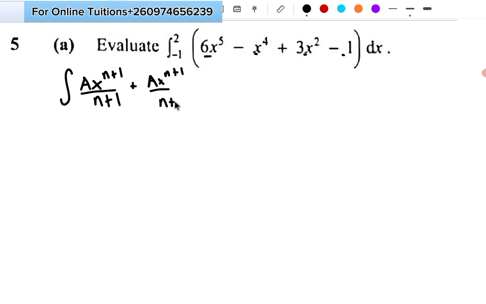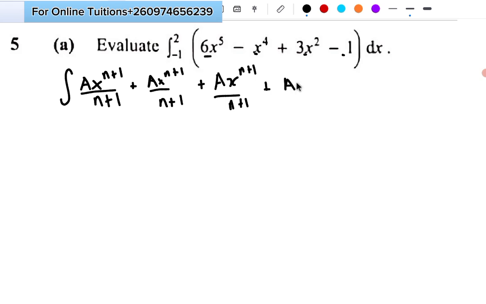The a that I'm writing here is a constant, and n is the power. x is just the same x that is there.